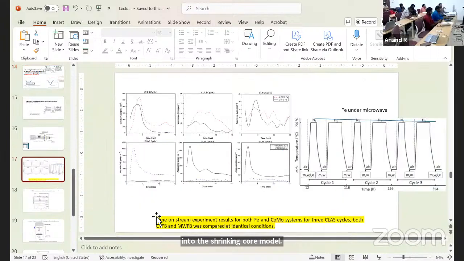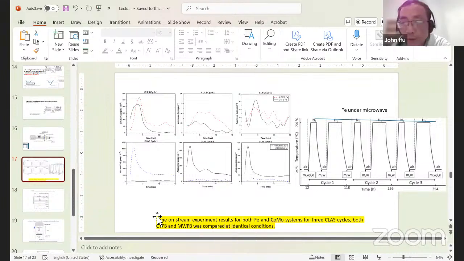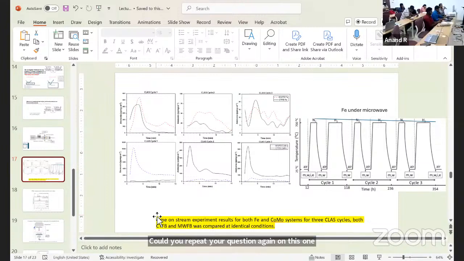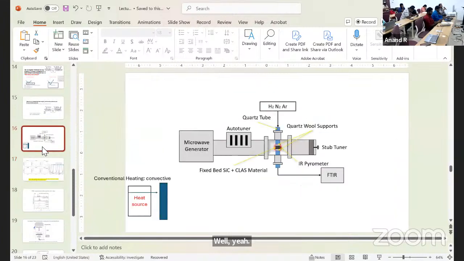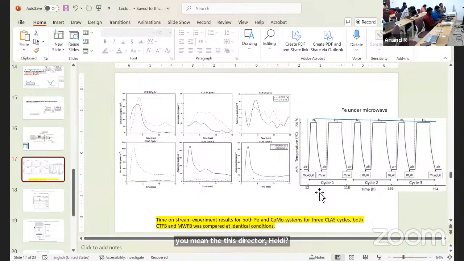Should we? Yeah. Could you repeat the question again? That plot, the y-axis, what is the caption of the y-axis? You mean this reactor heating? No, slide number 17, that graph, the y-axis.